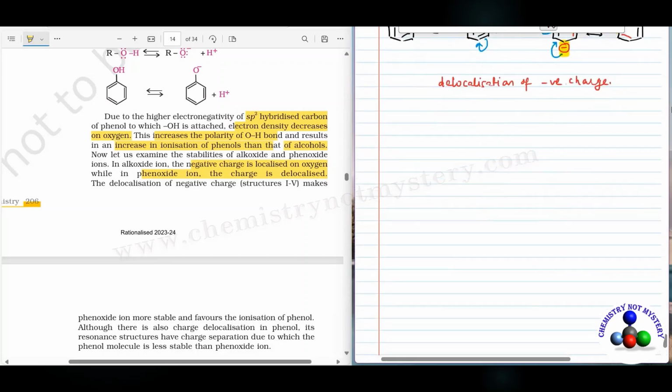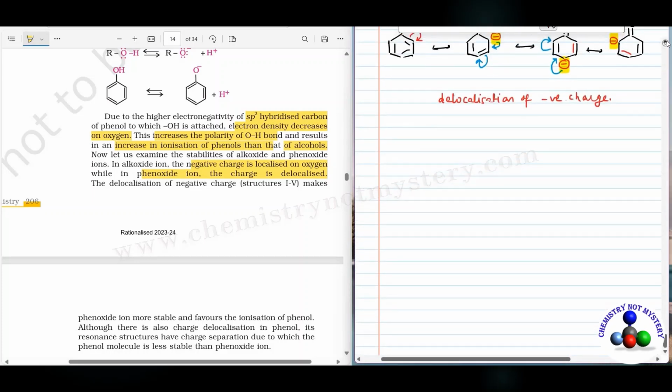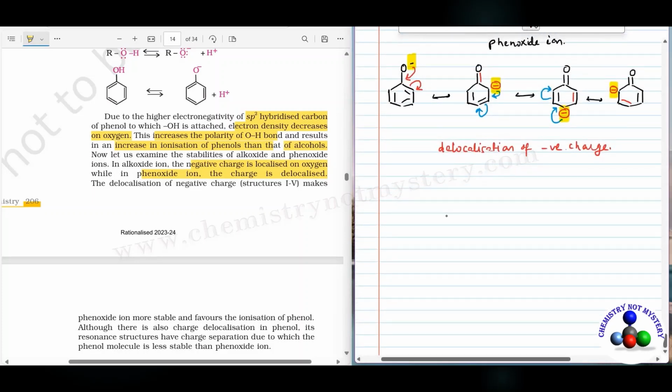While in the case of alkoxide ion, when you draw the structure, this is the R group, CH2OH, this is an alcohol. When it donates an H plus ion, it will form an alkoxide ion. So RCH2O negative ion is an alkoxide ion, and this is the H plus ion.